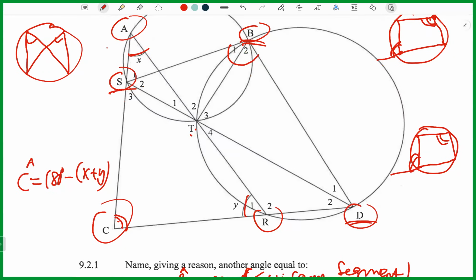Now angle SBD, first and foremost, is B1.